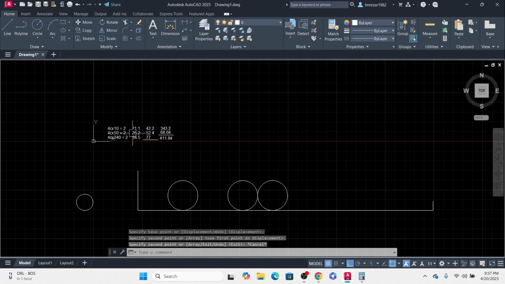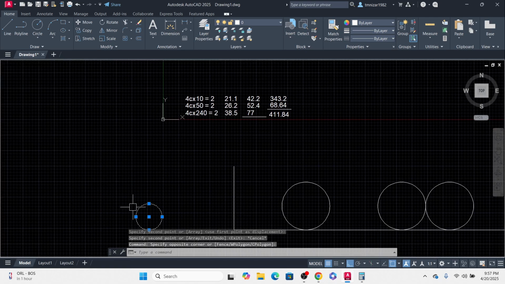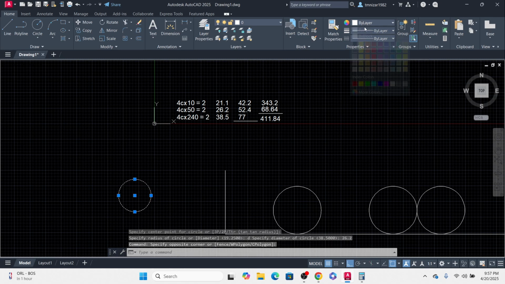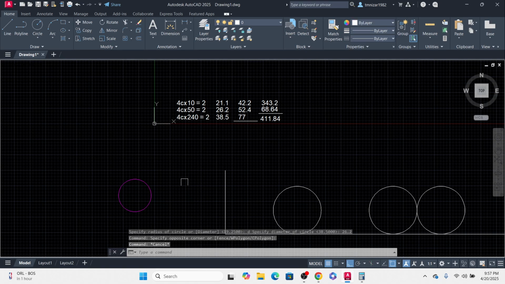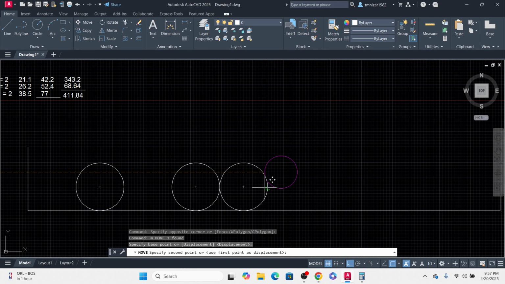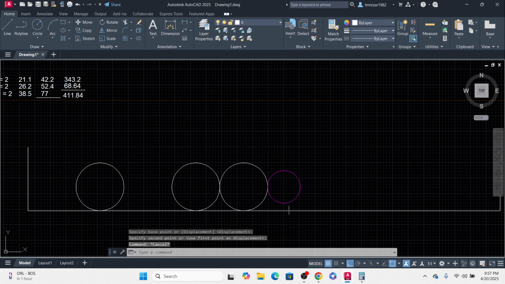Okay, the second cable, circle diameter 26.2. I will change the color to magenta and place this one here, and let's go down.